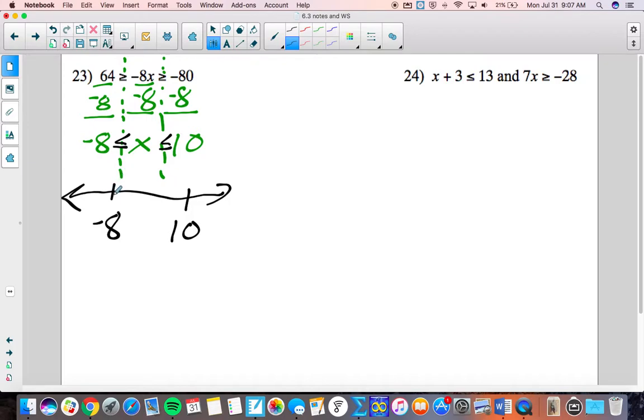Anywho, closed dot. X is greater than or equal to -8, so we're going this way. X is less than or equal to 10, so closed dot, where our number is less than 10, that way. Makes a sandwich, or I like to think of it as a barbell too, like you're pumping some iron, yeah, that's a big muscle.